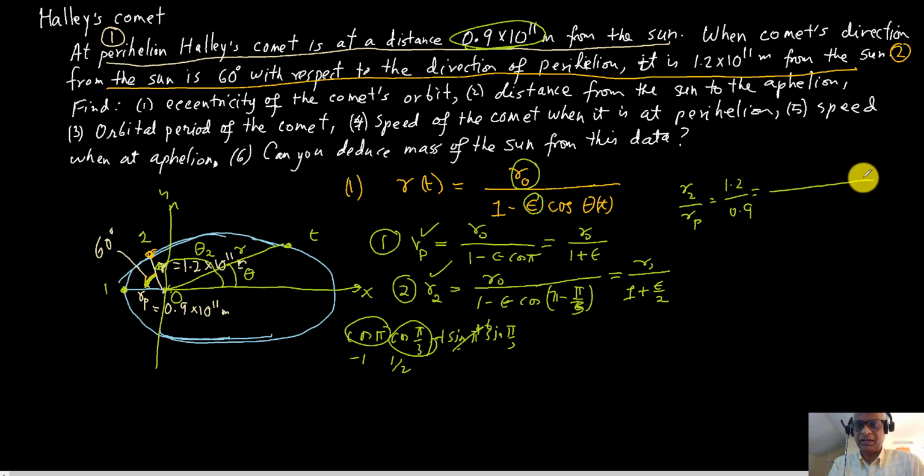On the other side, 1 plus epsilon will flip, and then you get 1 plus epsilon over 2. You can see I can solve this for epsilon, so I'm going to rearrange, solve it and come back.